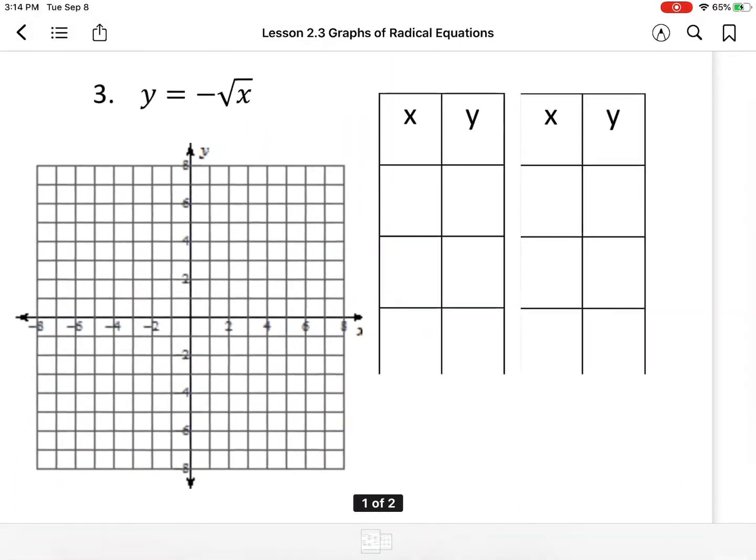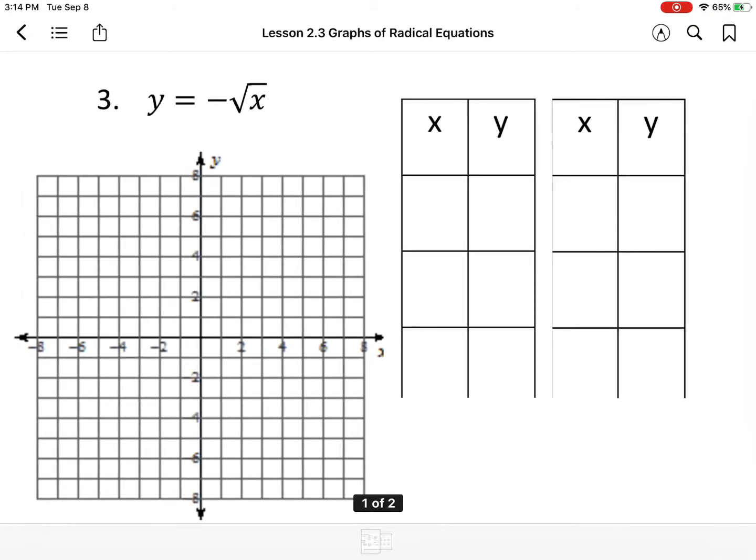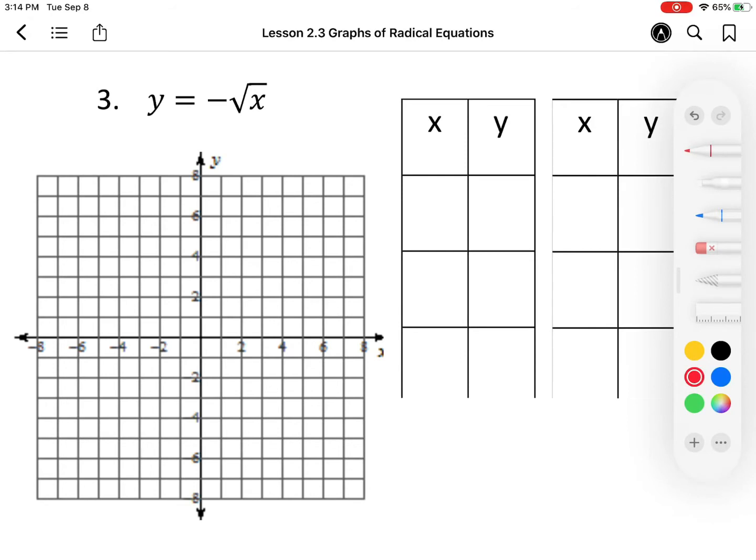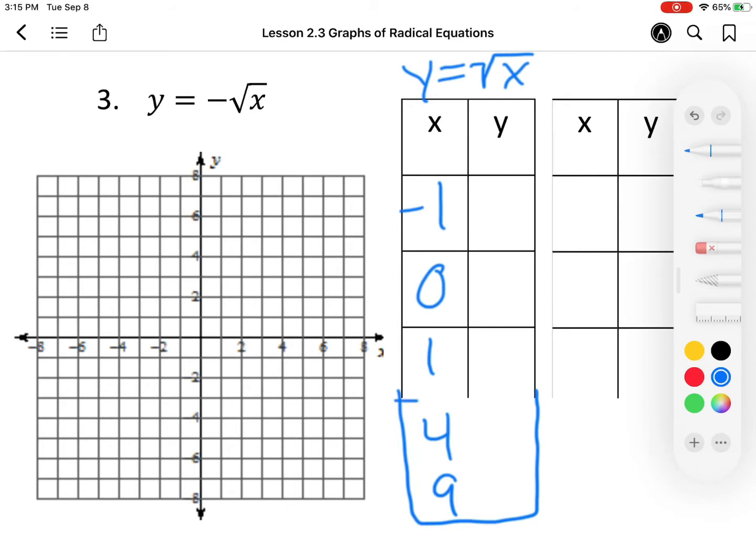So what if there's a negative out front? Hopefully we remember, if there's a negative out front, you reflect it. You flip it over the x-axis. It's also on the outside, so it's not going to affect the x's, it's going to affect the y's. So our parent function, -1, 0, 1, 4, and 9 every time. Always have error, 0, 1, 2, 3.